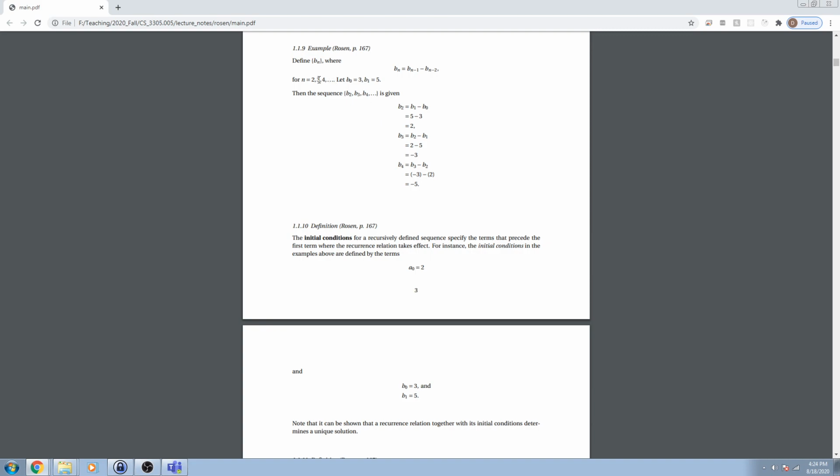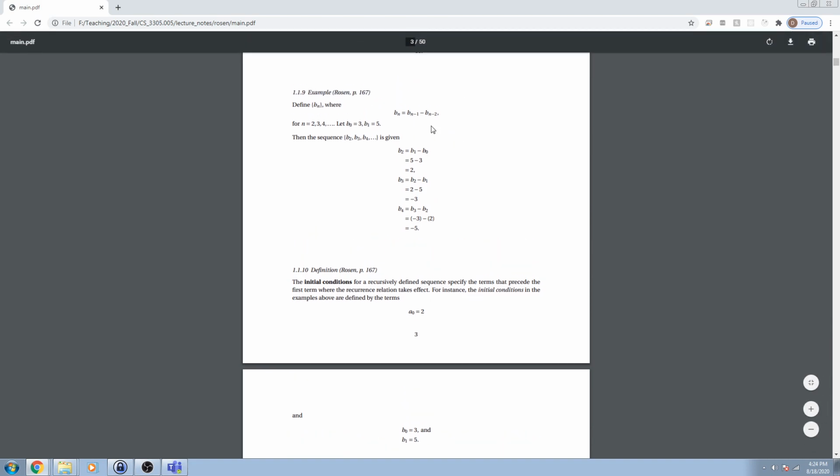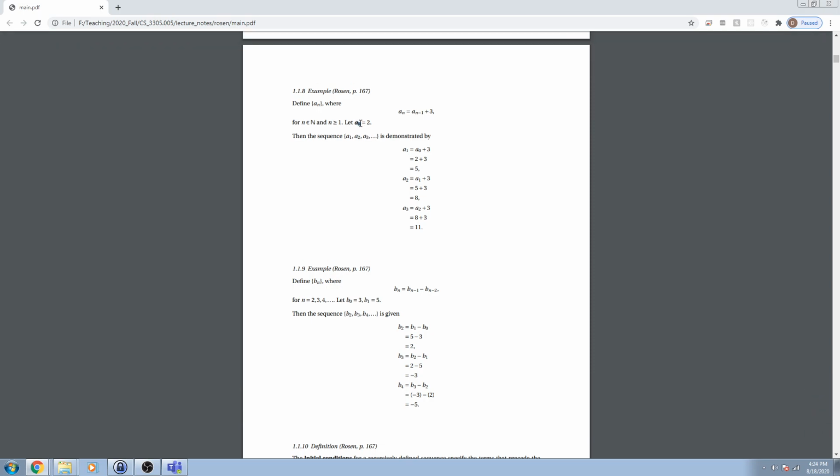Okay, so then our next example, we have a difference of terms. So to get the nth term, we need to know the previous term and then the term before that, and then we compute their difference. So here, I said on this example, you need some halting term, something that keeps you from going back forever.